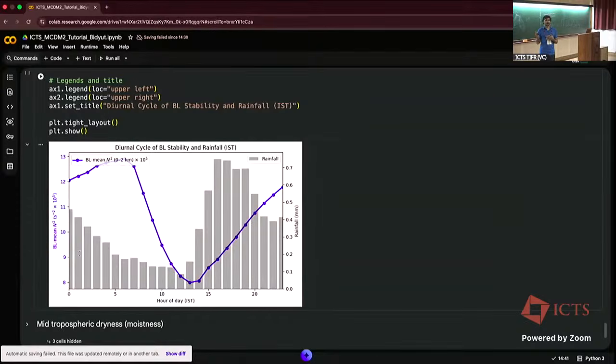Addressing event-wise case studies like this, there are two aspects of looking at it. One is large-scale drivers, what the synoptic scale status was, and the other is just the thermodynamics at that location. When I asked what you are going to do next, I was thinking in terms of thermodynamics, but you answered in terms of large-scale or synoptic-scale dynamics.